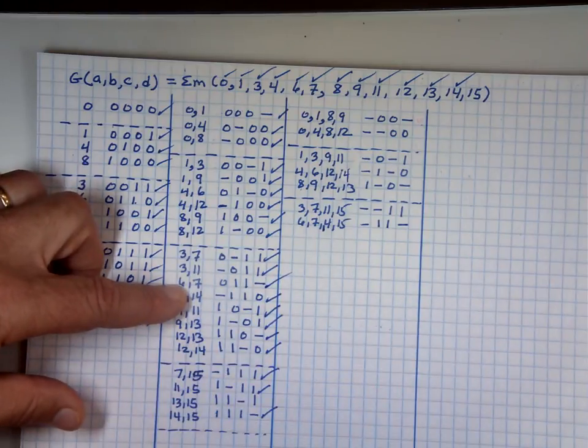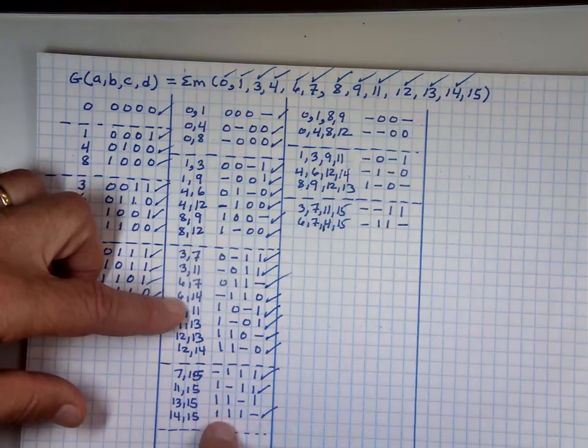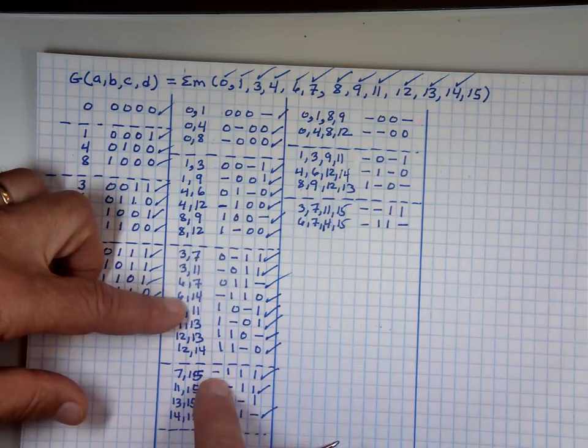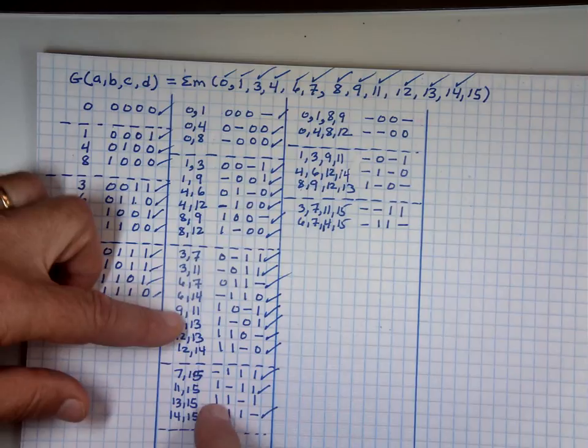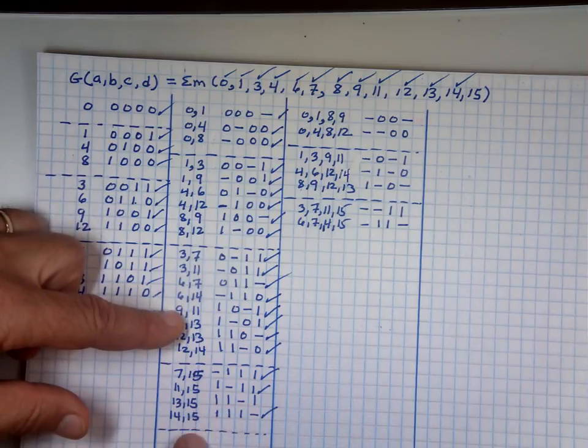6 and 14, 7 and 15. We use that one, right? Dash 1 dash. Dash 1 1 dash. Yep, that's gone. 9 and 11, the dash in the middle one. 9 and 11, 13, 15.